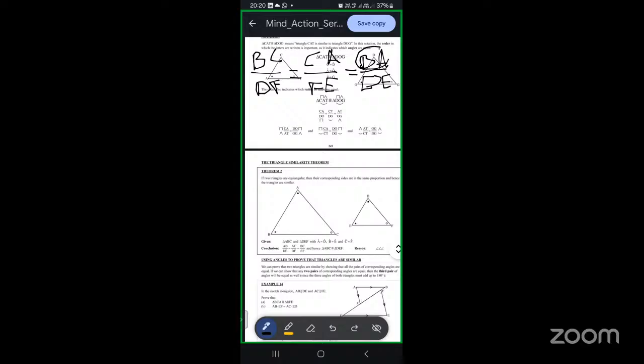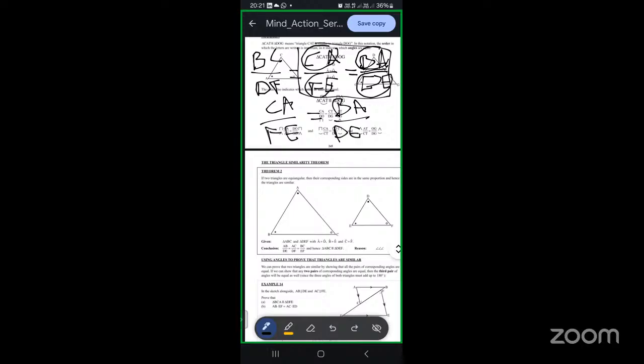We have ED or DE here. We also have AC or CA here and EF or FE here. So we are just going to go for this part here: CA over FE is equal to BA over DE.